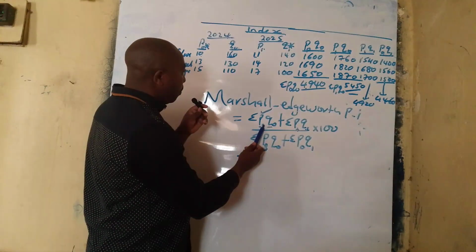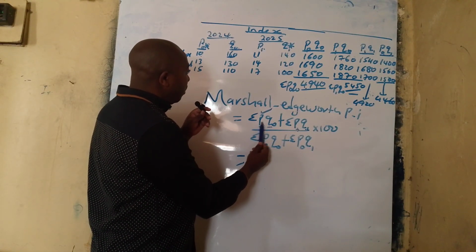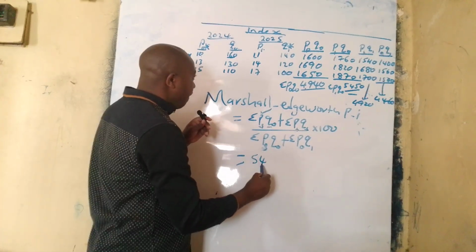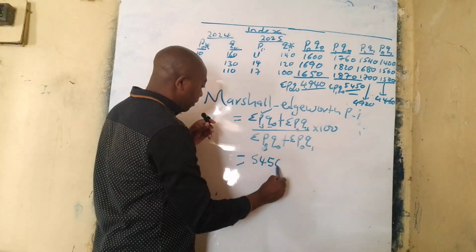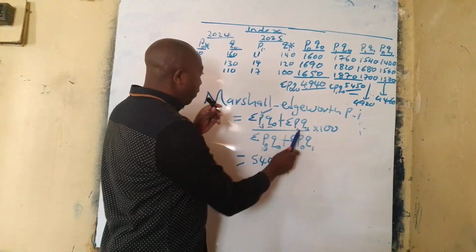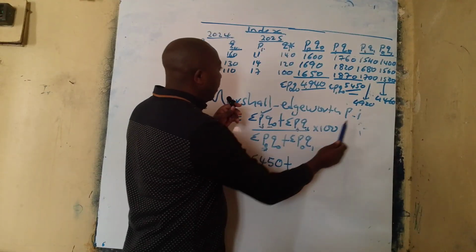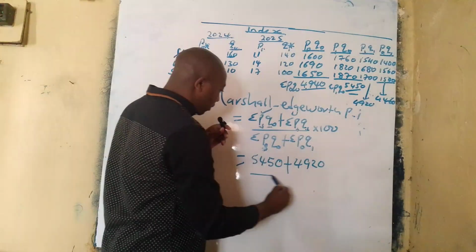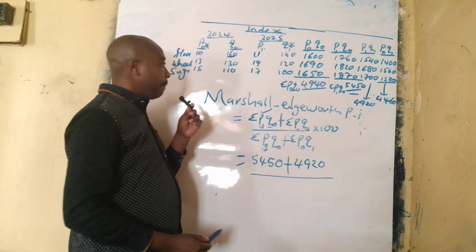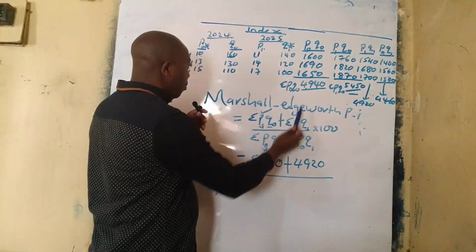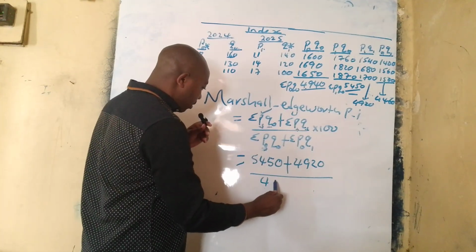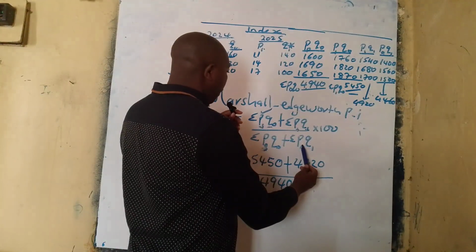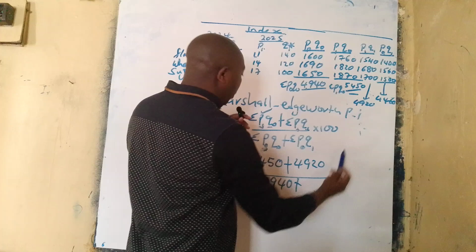So we have all these: P1Q0 is 5450 plus P1Q1, 4920, all over P0Q0, 4940, plus P0Q1, 4460.